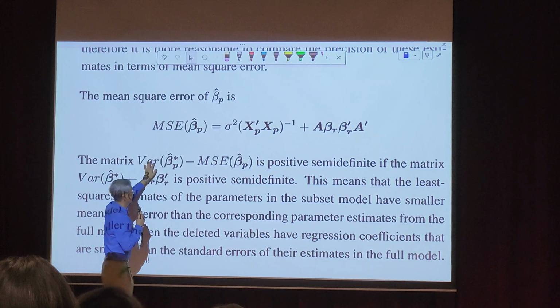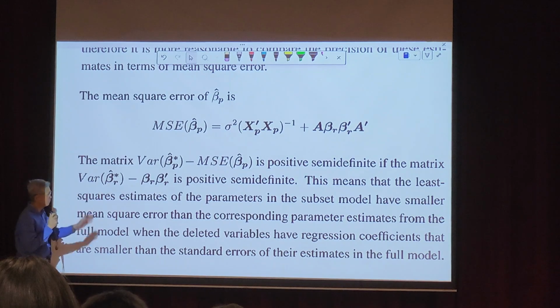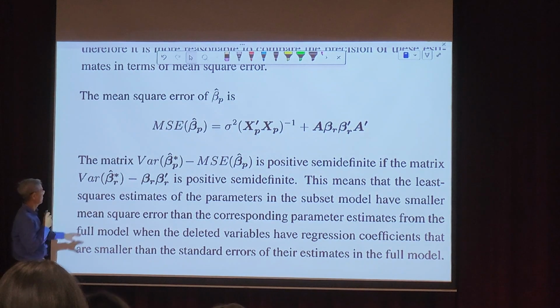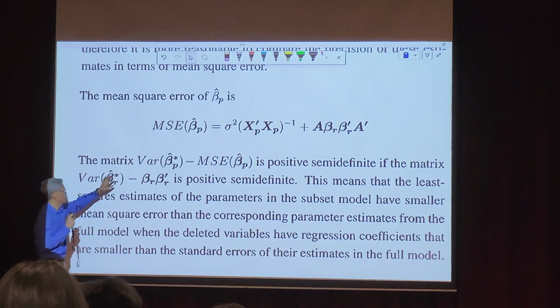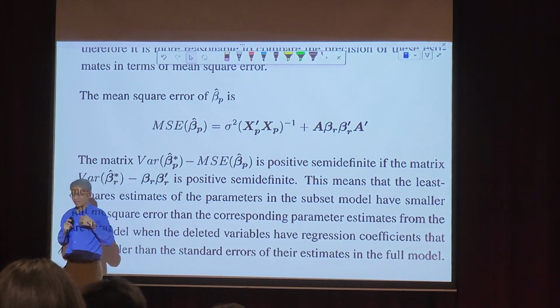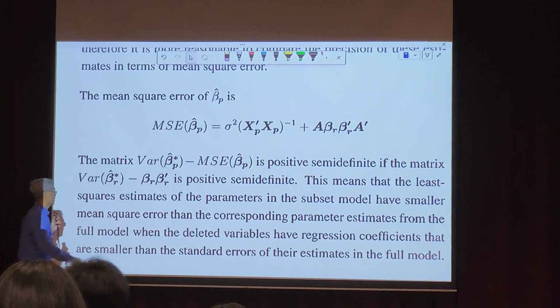Again, this is bigger than this, it's positive semi-definite, if this result is true. So under this condition, we know that in general, the variance for the full model is usually greater than that of the subset model.